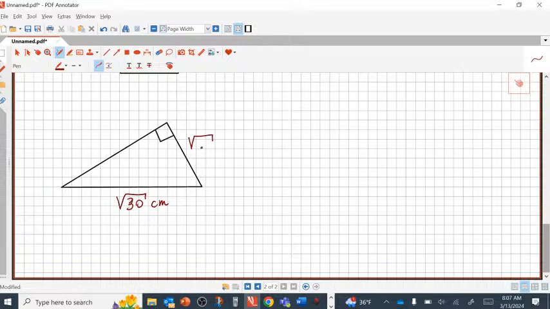This is the square root of 6 centimeters. What is this? Teach, teach.